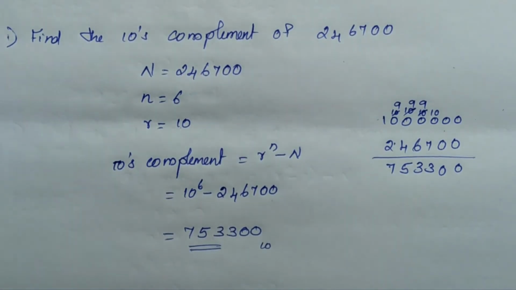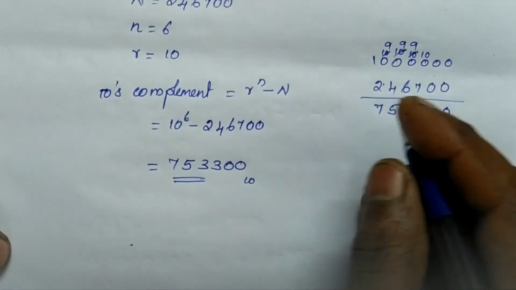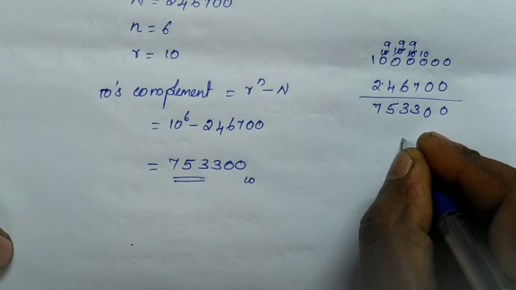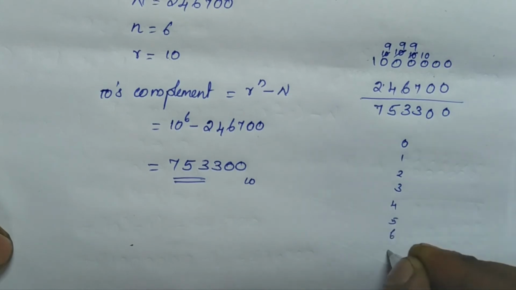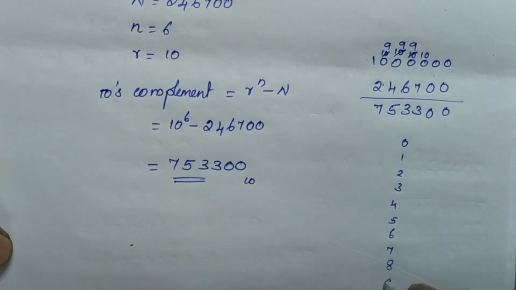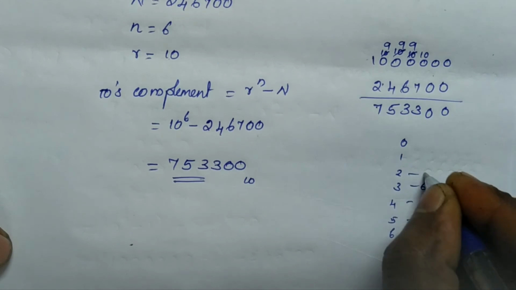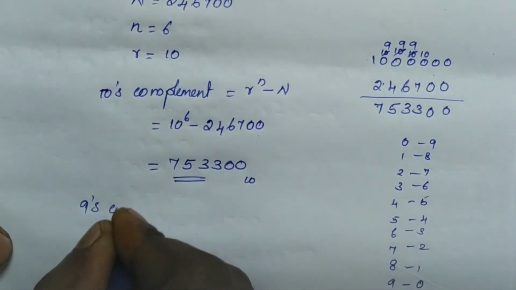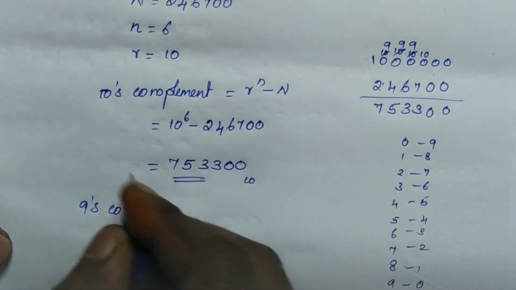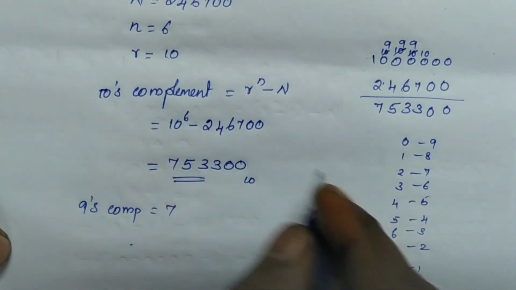If you want, you can directly find the 9's complement. We can verify this answer. Here the 9's complement: the first digit is 2, 2 gives 7.